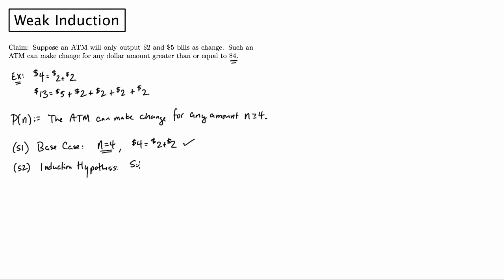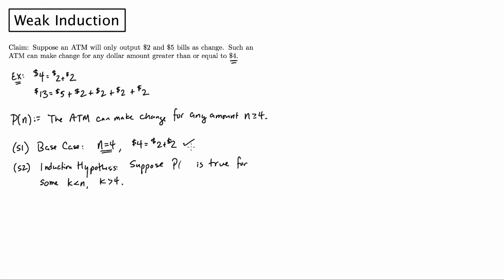You would say something like, suppose Pk is true for some k less than n, k greater than 4.